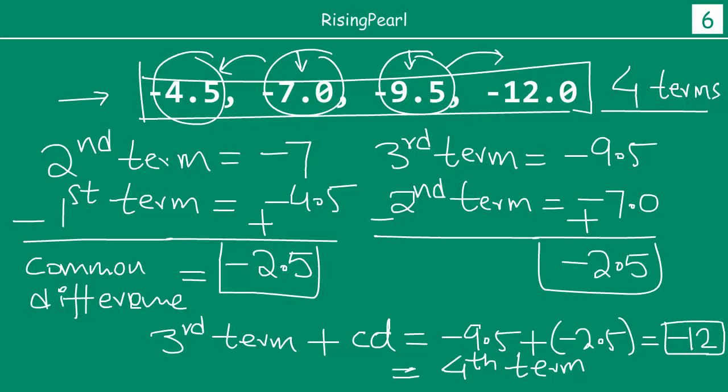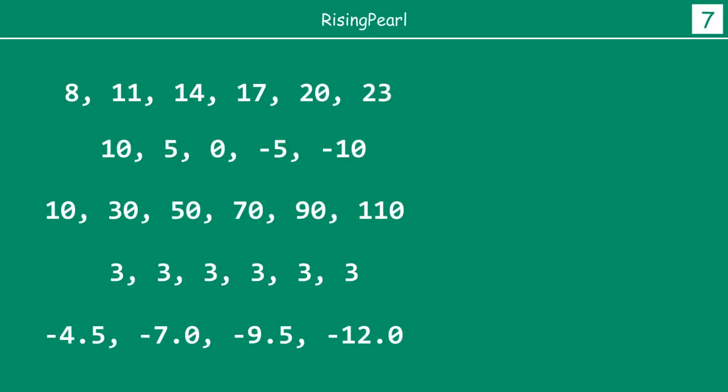Right? So finally, friends, I want to sum up a few things here for us. Looking back through all this collection of numbers, the first one, the second one, the third one, the fourth one, and the fifth one, while on the surface they all look like random series of numbers, what we did note for all of them was that the difference between one term and its previous term has always been the same.